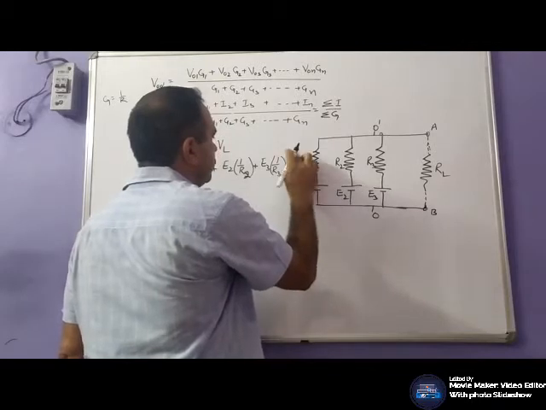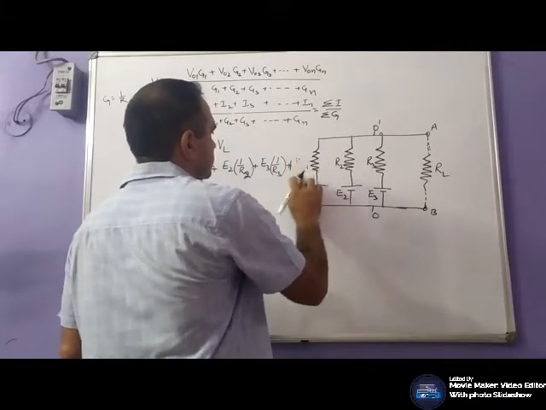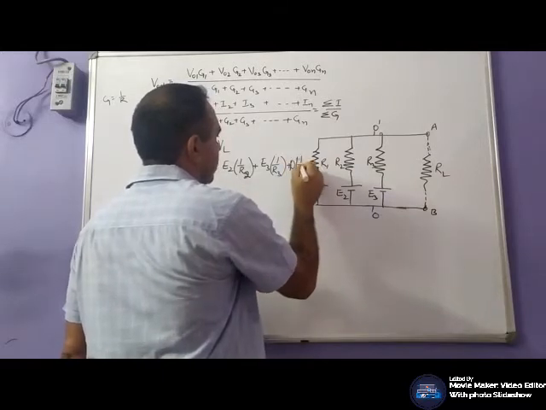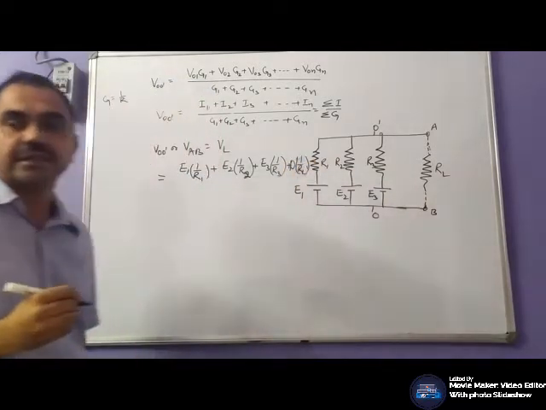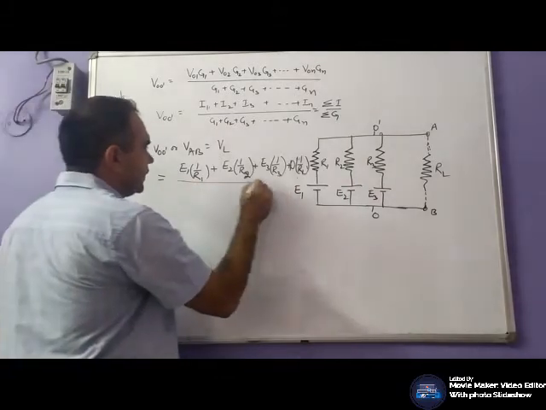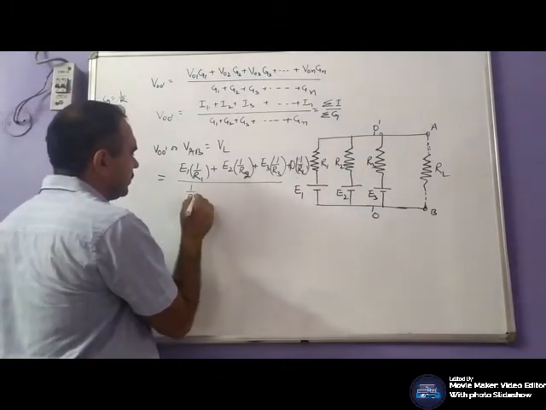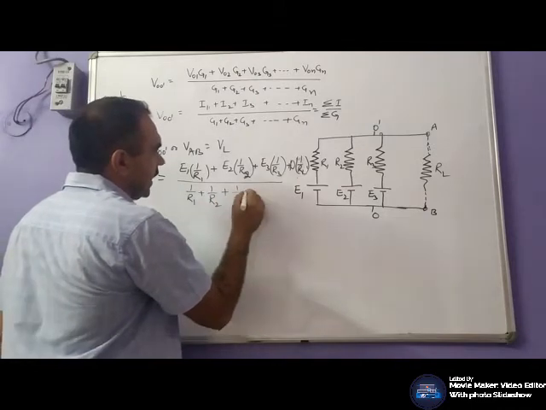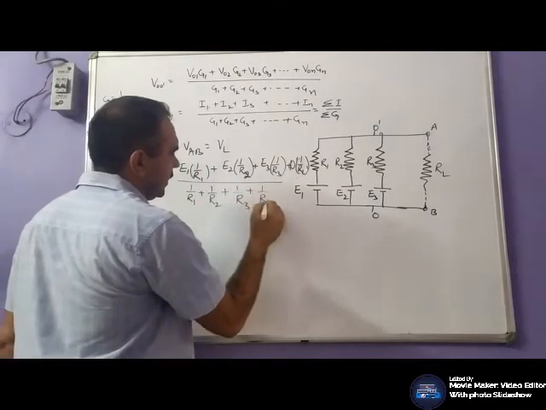Zero into 1 by R, divided by 1 by R1 plus 1 by R2 plus 1 by R3 and 1 by R.